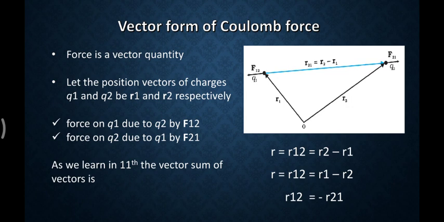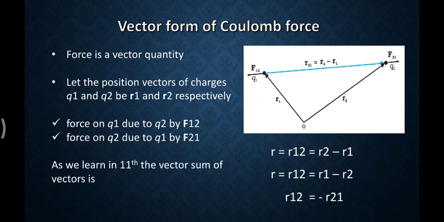Similarly, r12 is r1 minus r2, as we know. If you do a few steps, you will reach that r12 is equal to minus r21. As you can see, in the first equation it is r2 minus r1 and in the second r1 minus r2, so it is reversed, and it will be the minus form of it.